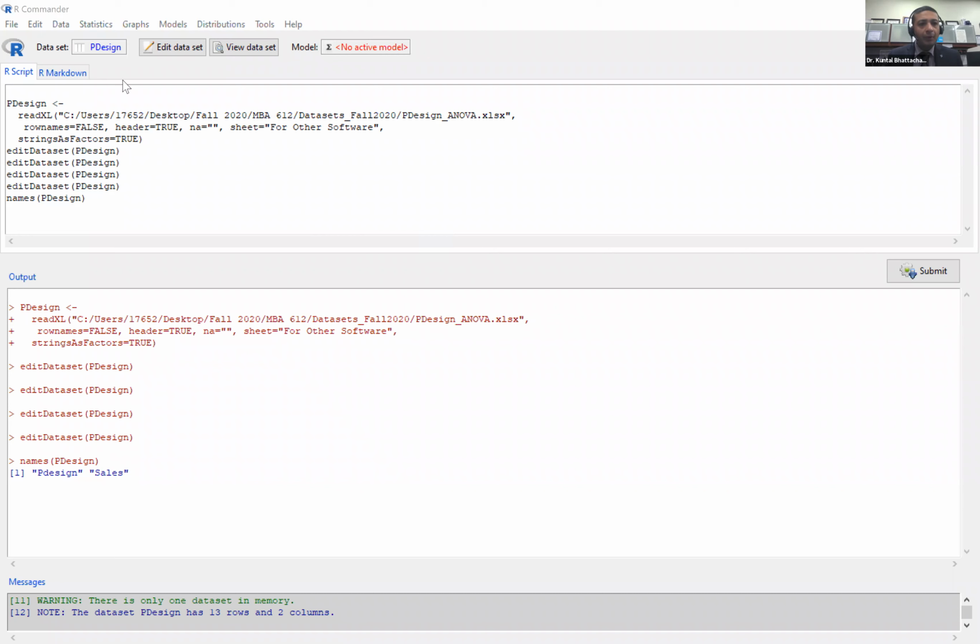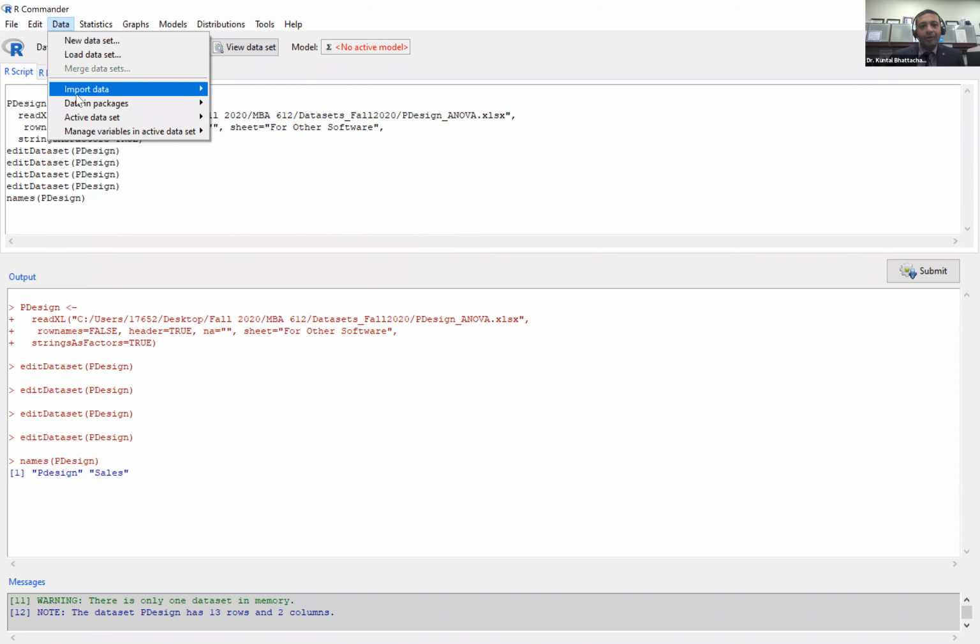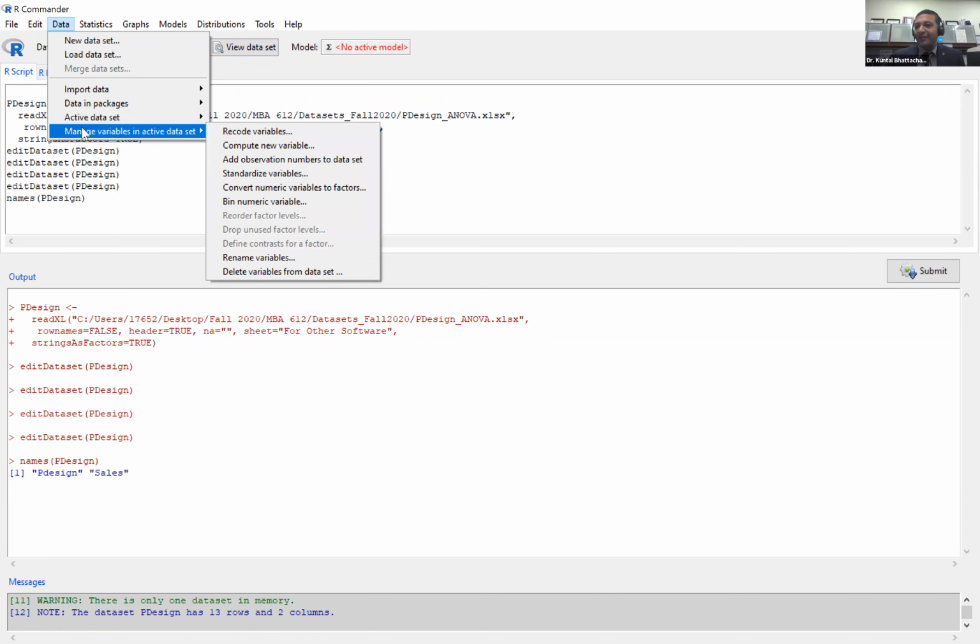So when you look at the data set, R Commander also by default understands that the package design 1, 2, 3, 4, because it's numeric data, it's numbers. It's not considering that as a factor yet. And so what you want to do is go under data and you want to go under manage variables in active data set. Okay, so under data, if you go under manage variables in active data set, there is something called recode variables.